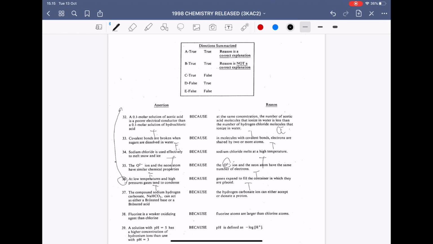So in the gas, say this is the gas, and atoms move in random motions. And when it's heated, the atoms are given energy. So they want to exert this energy by moving around really fast.